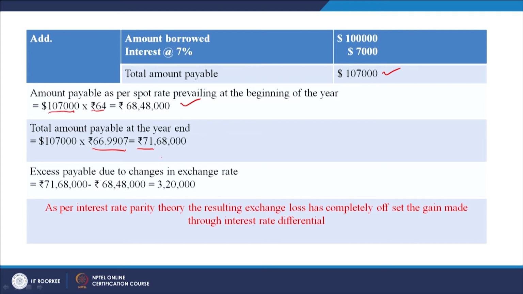The excess payable due to this difference is equal to 3,20,000. That means whatever benefit you would have got has been all lost or compensated by this increase in value. As per interest rate parity, the resulting exchange loss has completely offset the gain made through the interest rate differential.